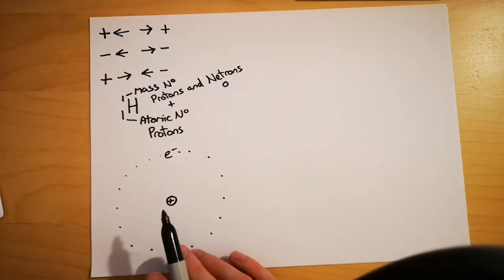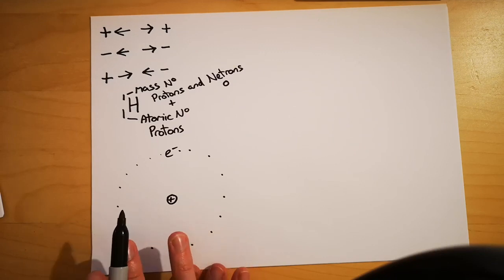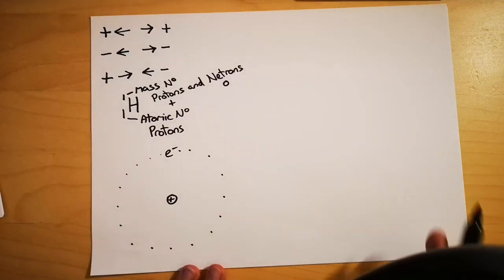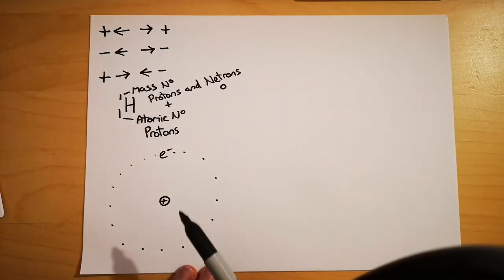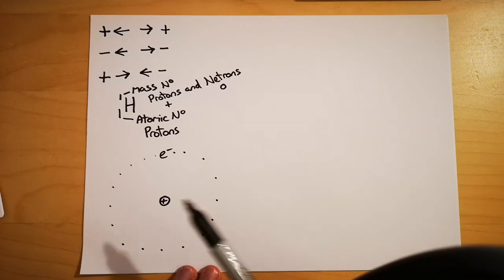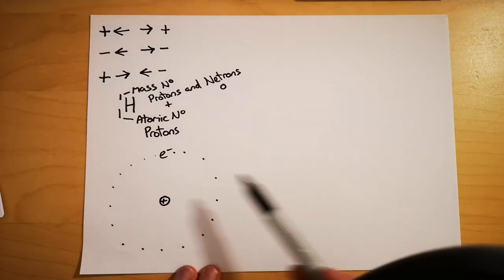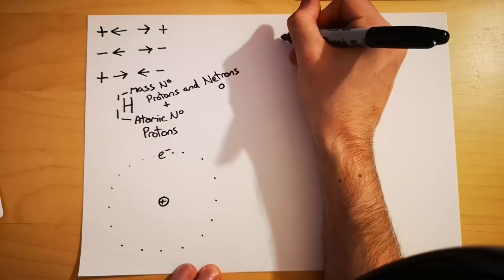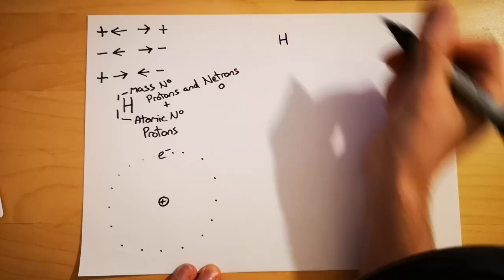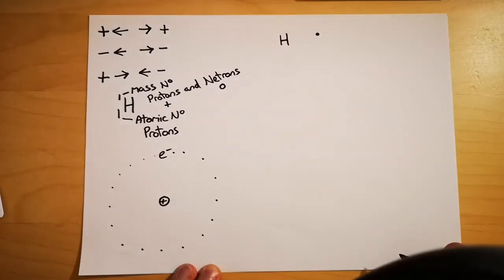Now, what we can do with this atom is that we can add it to another atom and form a molecule. Now, this happens because the molecule is actually more stable than the other two atoms when they're on their own. So what we're going to do is we are going to have 1 hydrogen over here, and it's going to have its 1 electron here.